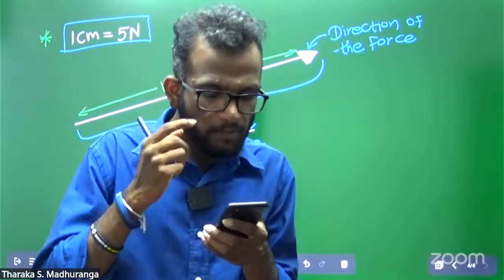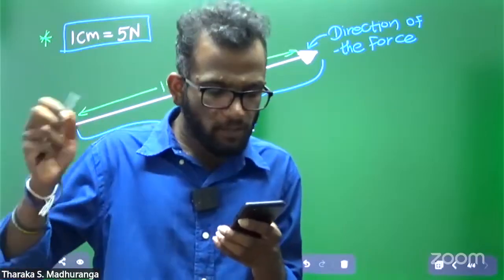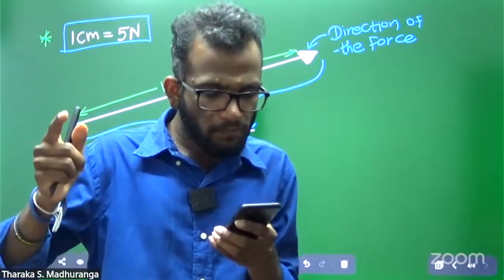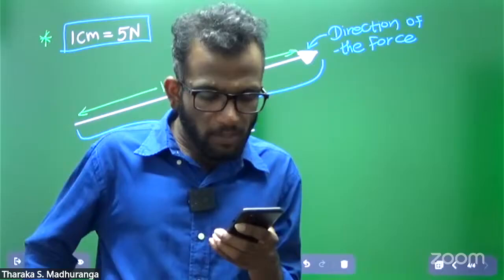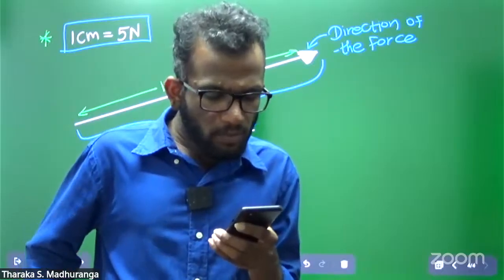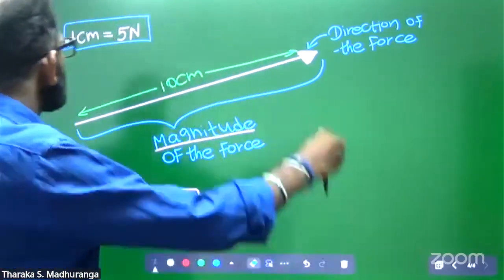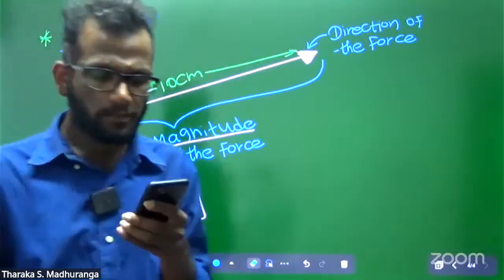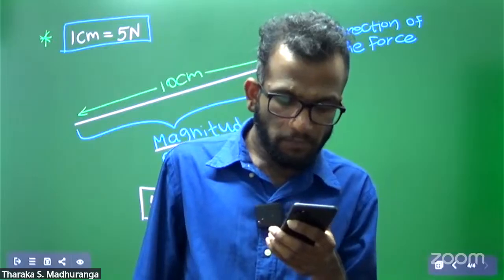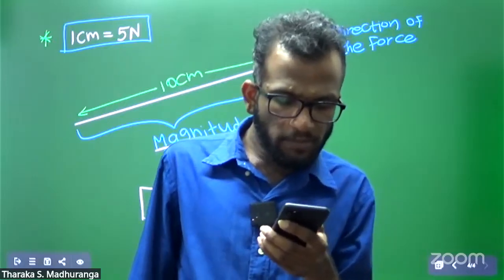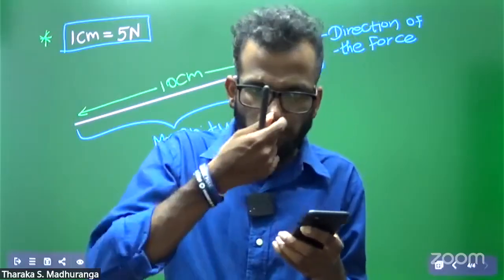If 1 centimeter equals 5 newton, then a line 6 centimeter long should be drawn to represent a 30 newton force.